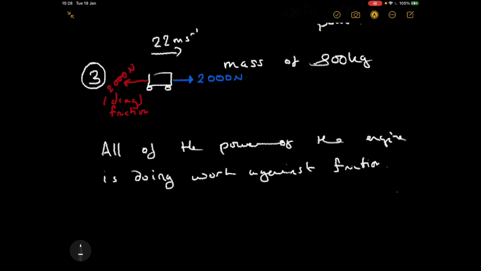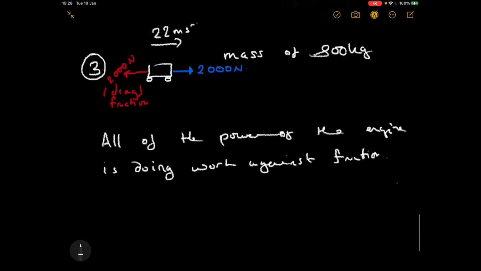So every second, however many joules of energy that engine is supplying, all of it is basically going against friction. Because if you suddenly take your foot off the accelerator and you stop the engine, well, you'll decelerate because of those resistive forces.